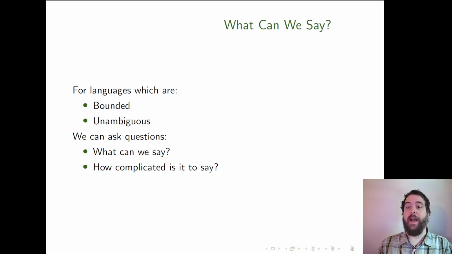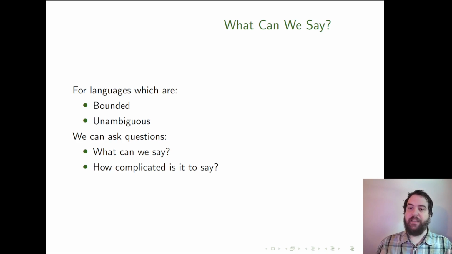Each program has a precise behavior according to the specification. We can mathematically analyze programming languages to ask, what can we say? In other words, what sorts of functions can we implement in our programming language? And of course, hopefully the answer is that it's Turing complete, but not for every programming language.